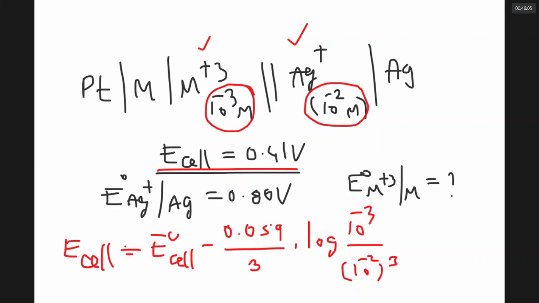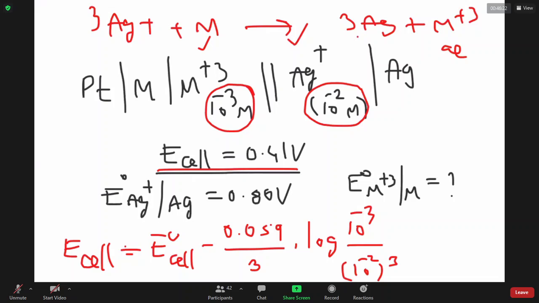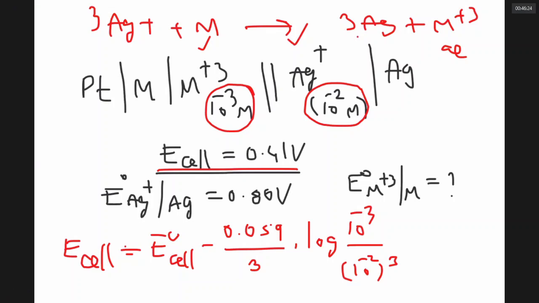To the power 3 I need because 3 Ag plus are combining with M to give me 3 Ag and M. I should be very careful about this. Unless I know the balanced equation, I don't know to which power I should raise.